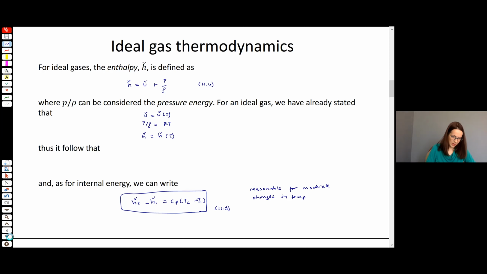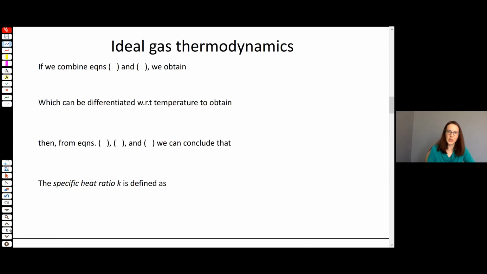Okay, now if we combine equations 5 and 9, this is really shorthand for 11.5, right? We obtain the following expression. So we're combining the basic definition of enthalpy as internal energy plus pressure energy, and we're using the ideal gas law.